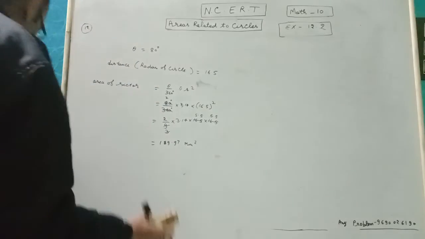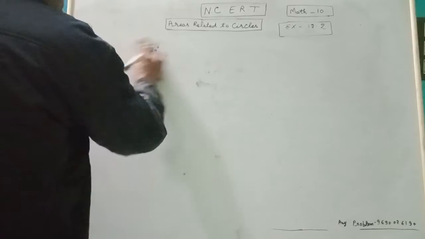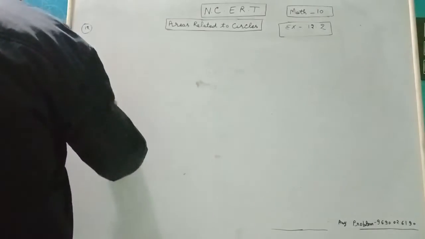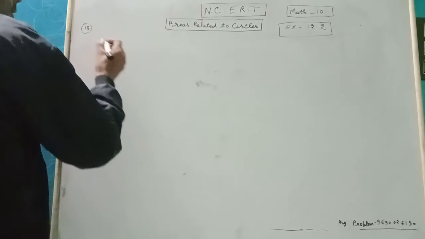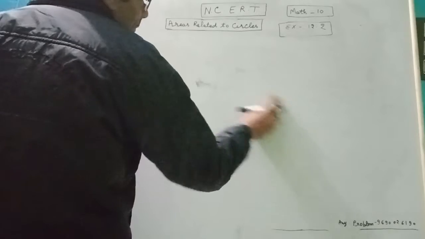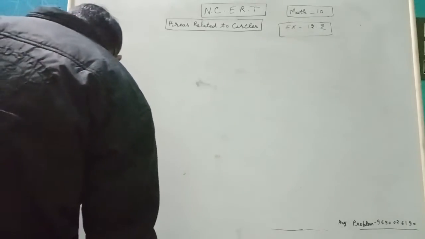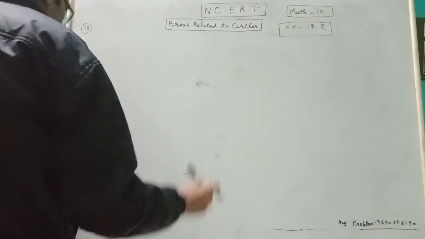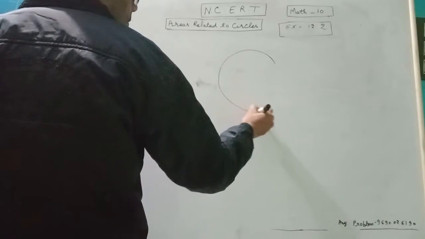Question number 13. A round table has a design; see the figure. One part is shown.